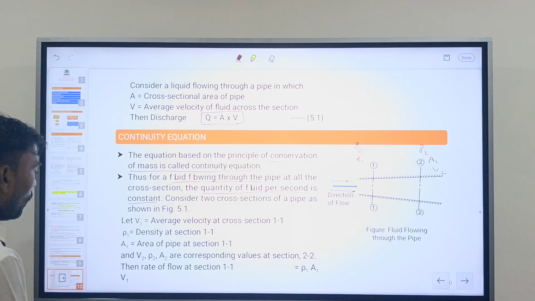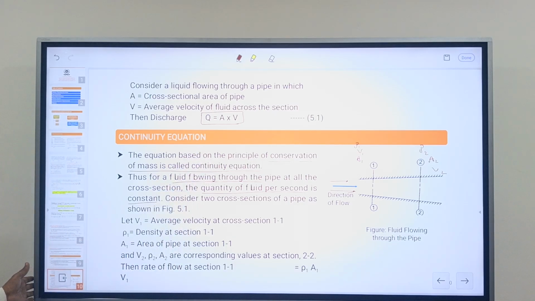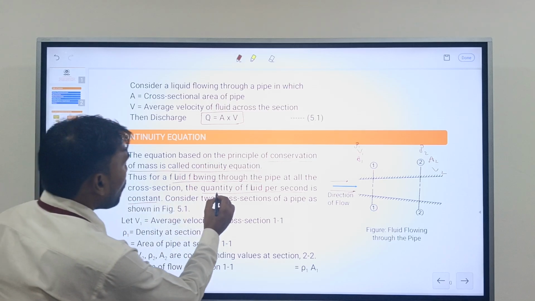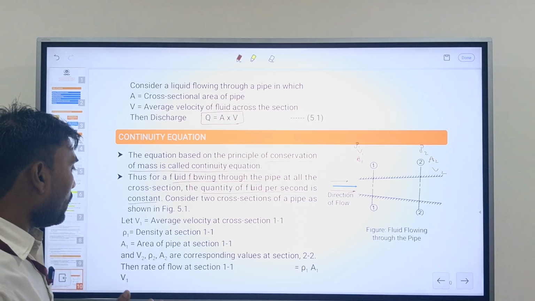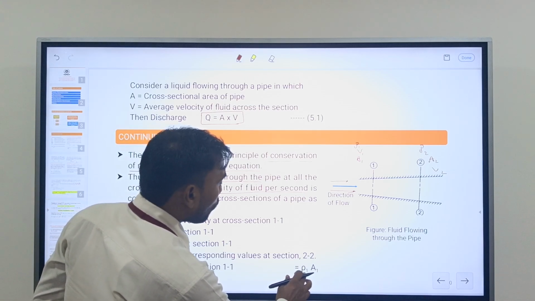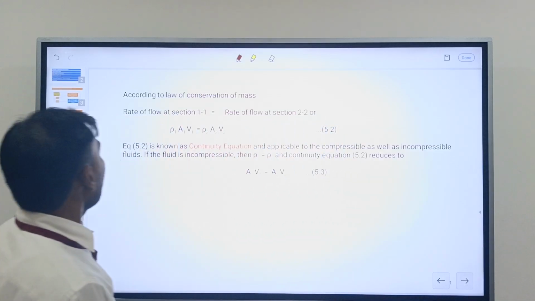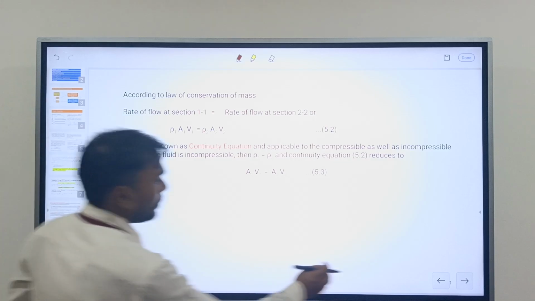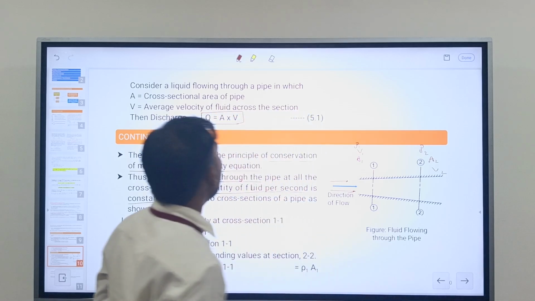Okay. So if you use the formula, that is the quantity of fluid flow per second remain constant at these two cross sections, then what is the rate of flow at section 1? This will be equal to the ρ1 A1 V1, and in the similar way at section 2 will be ρ2 A2 V2.